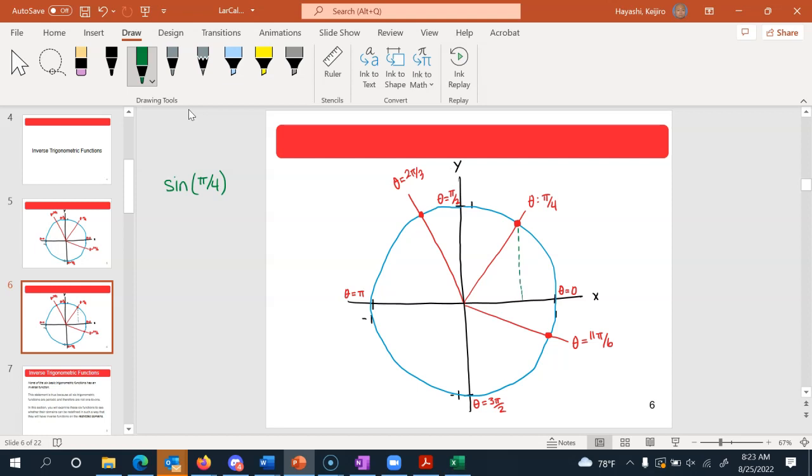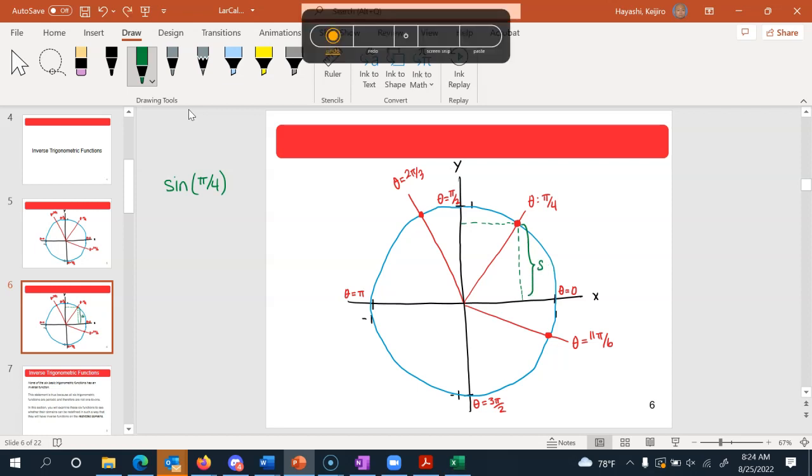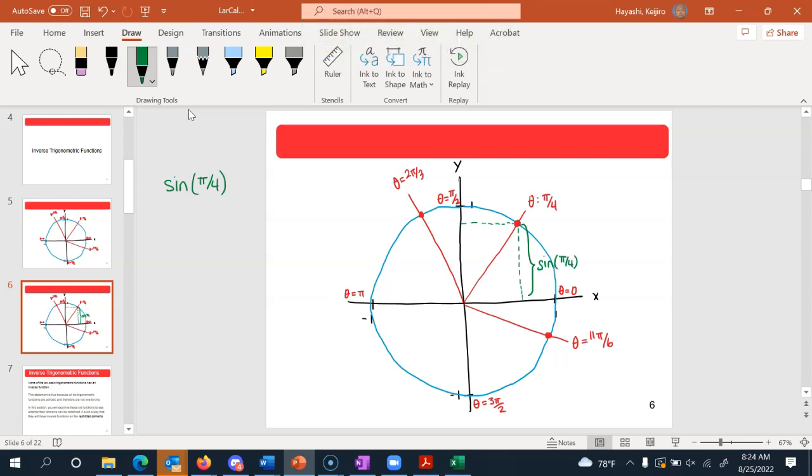And you're not necessarily going to be able to read it off the y-axis because it's not a nice rational number, but it is square root of 2 over 2.